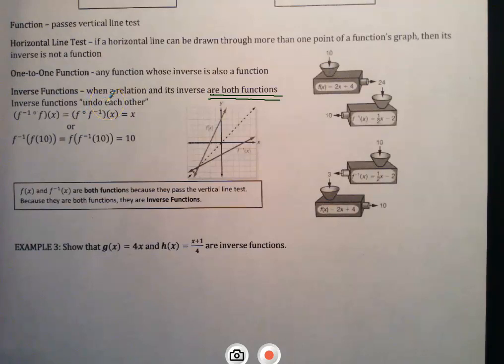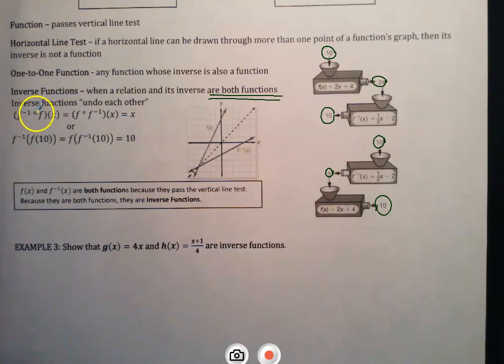We've got this function machine over here. If I put 10 in this machine, I get 24 out. I put 24 in the next machine, I get 10 back out. They undid each other. Or if I go the other way, if I put 10 in this one, I get a 3 out in the middle to put into this one, and I get a 10 back out. It doesn't matter what order. That's what this function notation is telling us.